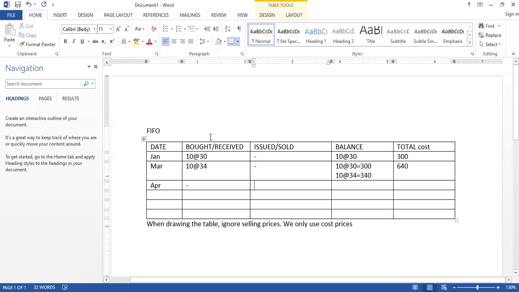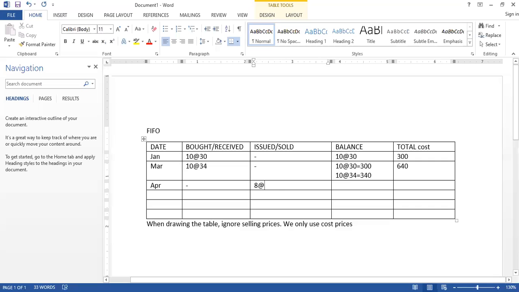Meaning that with first in, first out, you start from the top. You start issuing all the items that are on top. So you have 10 at 30. And you are told that you sold 8 items. So you have to issue out these items according to the cost price of the balance that is on top.